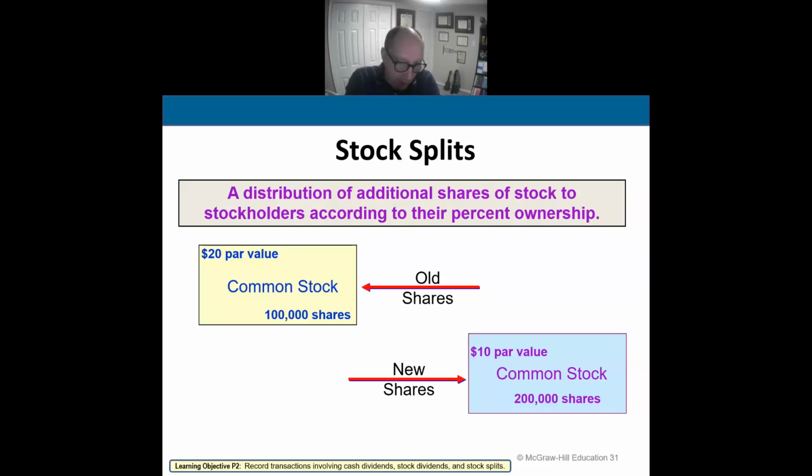So, for example, if I have one share of common stock of Starbucks, and it's worth $20, and Starbucks says, "Hey, we're going to do a stock split." So instead of that one share of stock at $20, now I have two shares of stock worth $10 each. Now, why is that good? You might be asking, oh, all you're doing is splitting them in half. It's still the same amount.